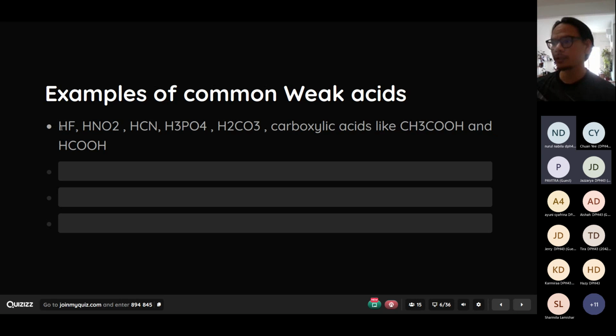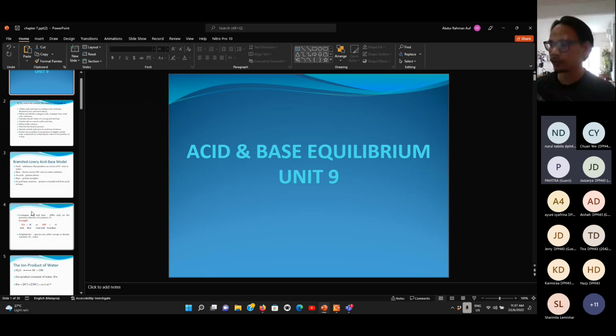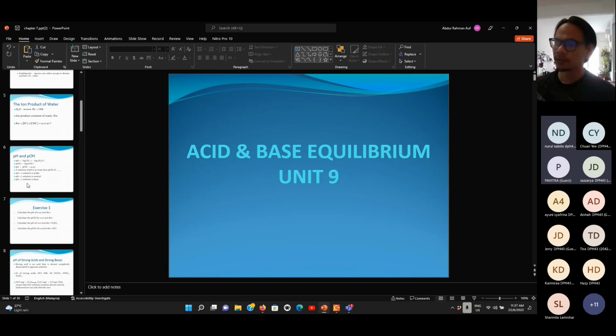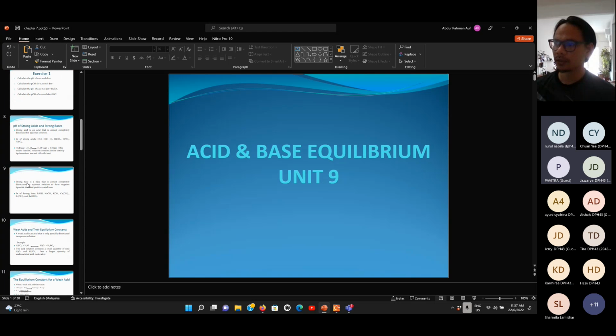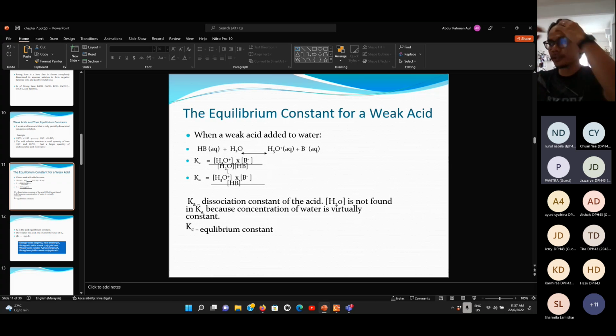The only way that we can determine whether this is weak or strong adalah by using the equilibrium equation which is in the lecture notes, tapi because it's too complicated, so saya tak nak tambah dekat sini. This is the math part yang saya mention tadi.